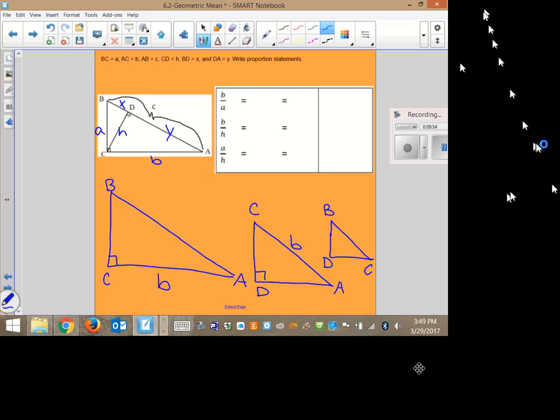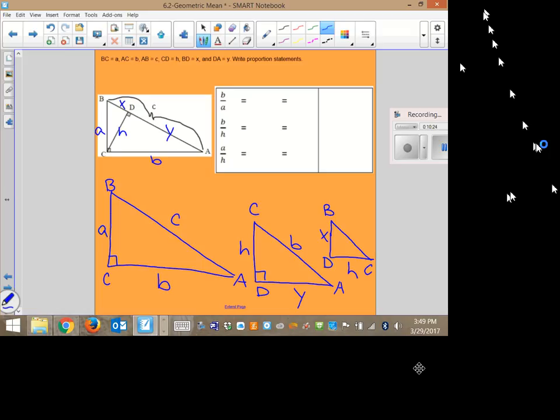AD is Y, so we have AD right here. So this is Y. And we have that BD is X. And then we have DC is H. And then we have BC is A. And then this whole length is C.